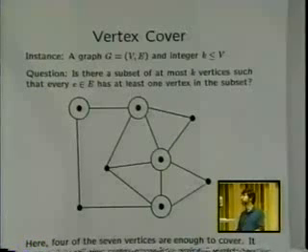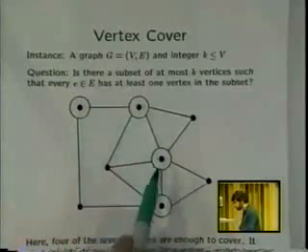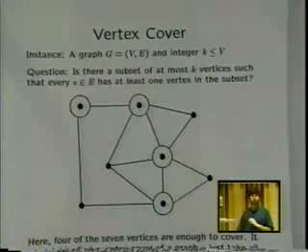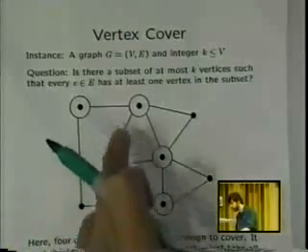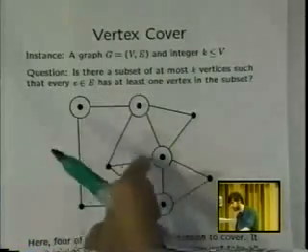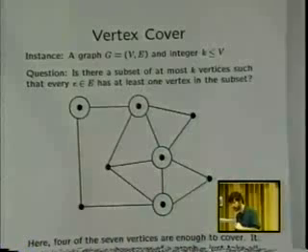So look at this pretty graph. Look at those circular vertices. I claim that every single edge in the graph touches at least one of the circular vertices. Look at this edge, it's got that guy. This edge has that guy.